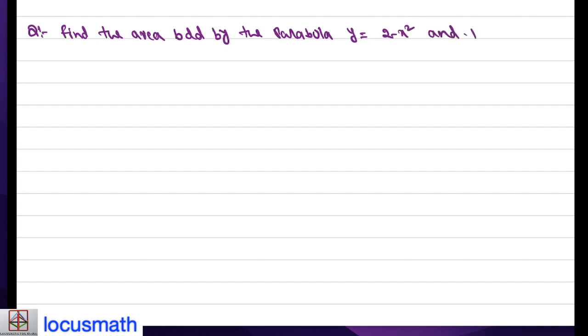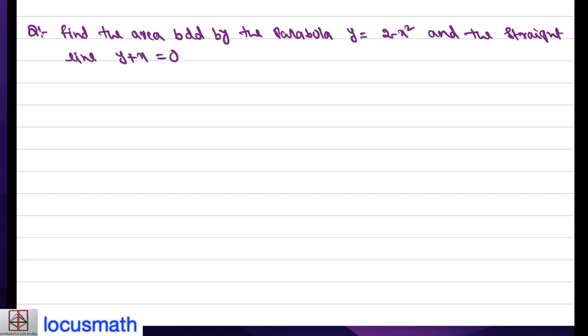Find the area bounded by the parabola y equals 2 minus x square and the straight line y plus x equal to 0.